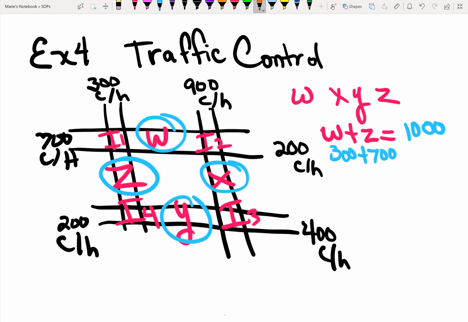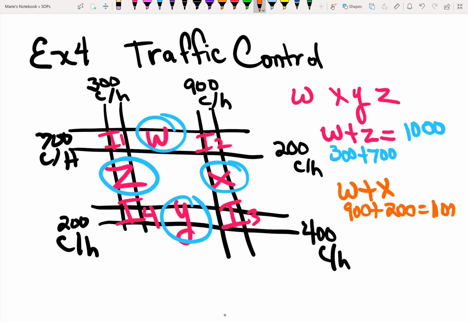The next intersection that we're going to look at, we have W plus X. So if you look at W plus X, that's basically 900 plus the 200, which gives you 1100.